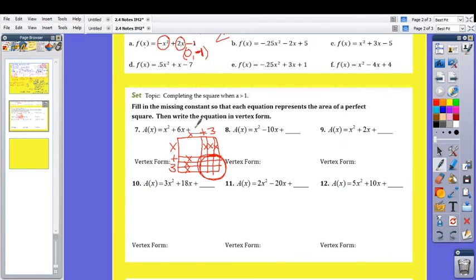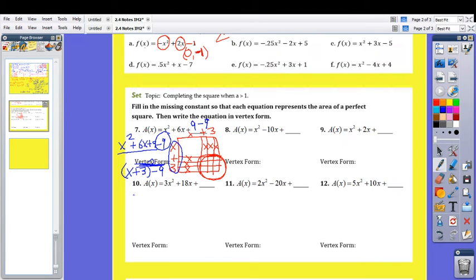So you will be saying plus 9 and take away 9. So this will look like x squared plus 6x plus 9 and take away 9. And then you will be writing this as x plus 3 squared, and then this is extra, so take away 9.